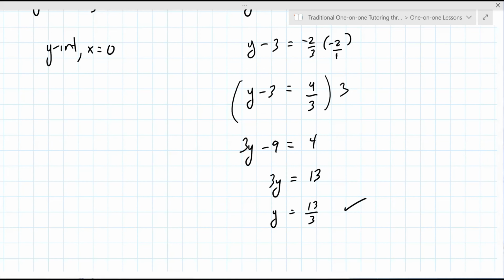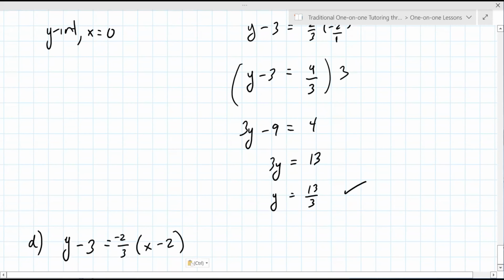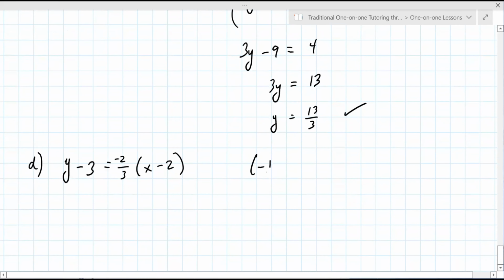And then, part D, you take the perpendicular bisector equation, and you have this point, -1 comma -2, and you put that in for x and for y. Am I going to use the numbers from part C?